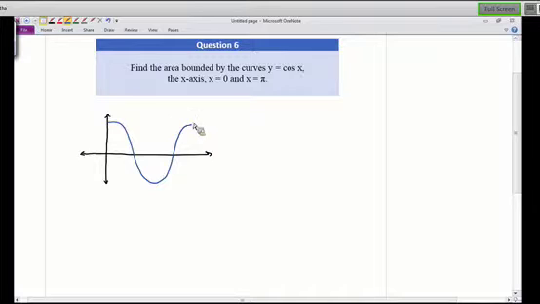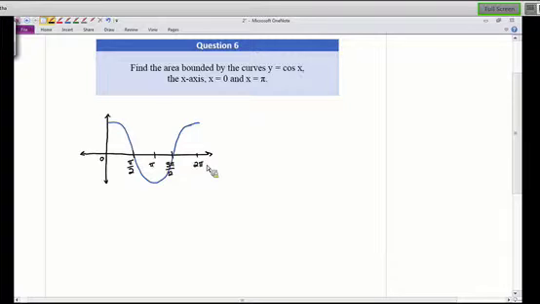First let me write out my values for x with my cosine curve: 0, pi over 2, pi, 3 pi over 2, and 2 pi.